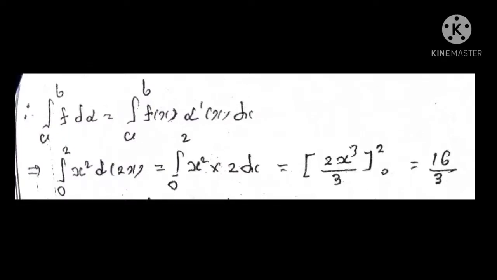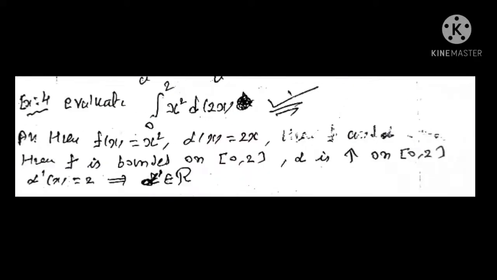Now f(x) is equal to x square and alpha(x) is equal to 2x. Therefore, alpha dash x is equal to 2.